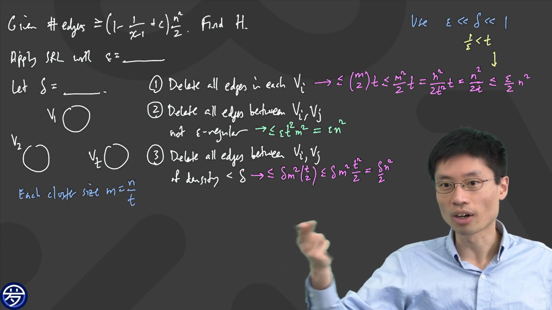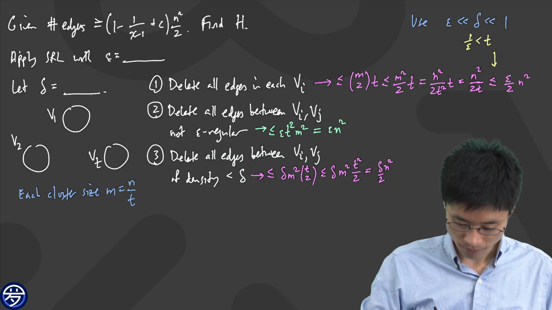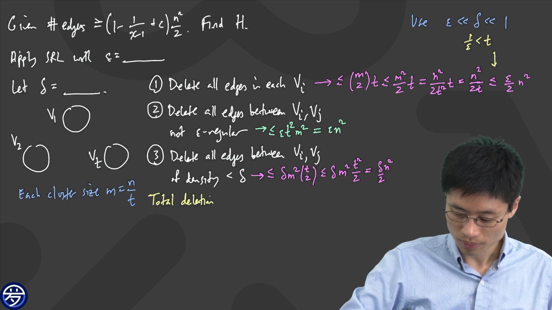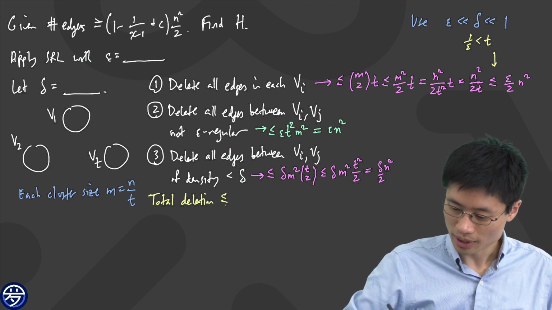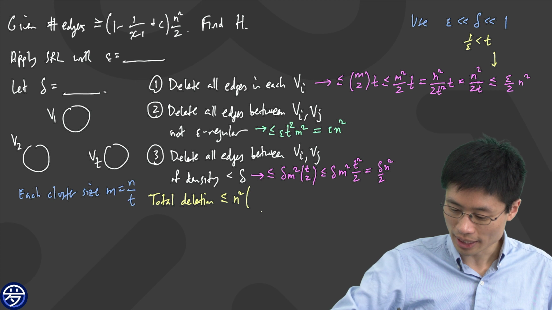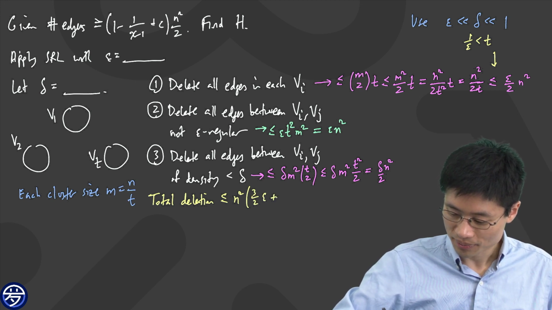If I accumulate all this together, what I find out is that the total deletion is going to be at most something times n squared. So I'll put the n squared in front. Times, altogether, 3 halves epsilon plus delta over 2.